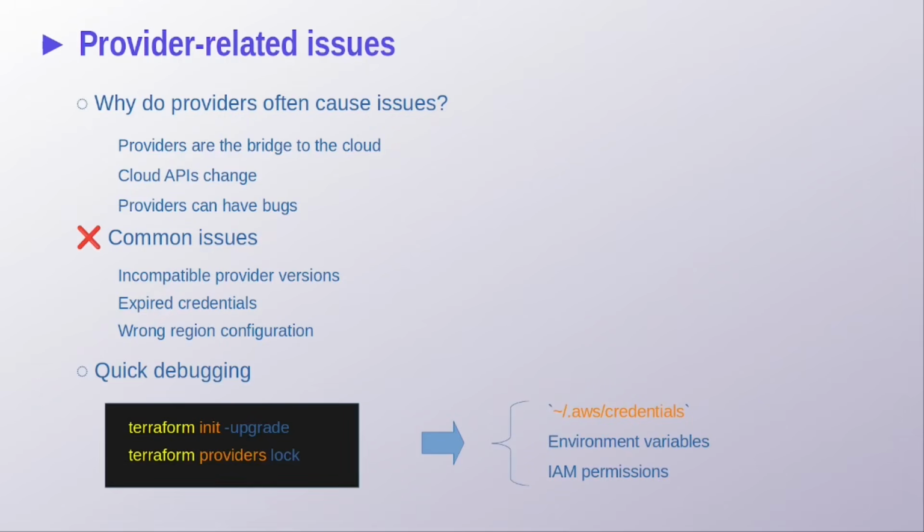Critical step: run init and the provider command. Then check AWS credentials, environment variables, IAM permissions, and region settings. Most provider errors are configuration problems, not Terraform bugs.